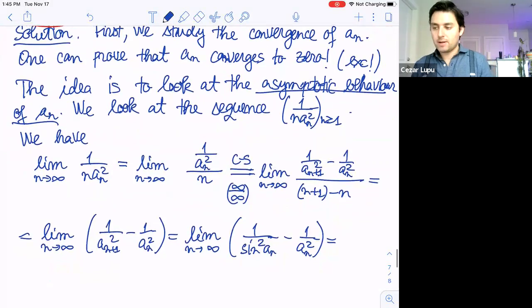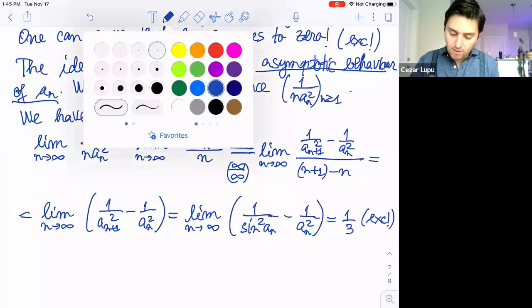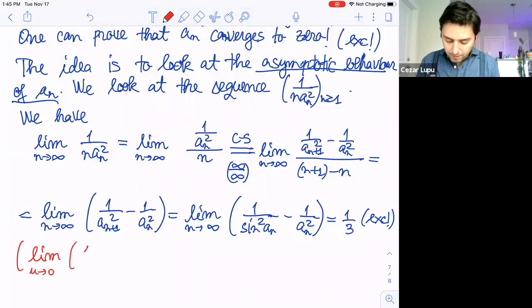And now I'll leave this to you as an exercise, to show that this is 1/3. This is because, let me write it here, the limit as u approaches 0 of 1 over sine squared of u minus 1 over u squared.